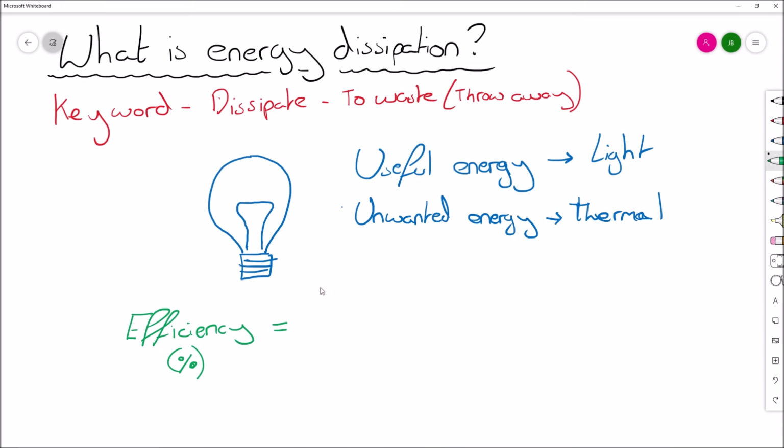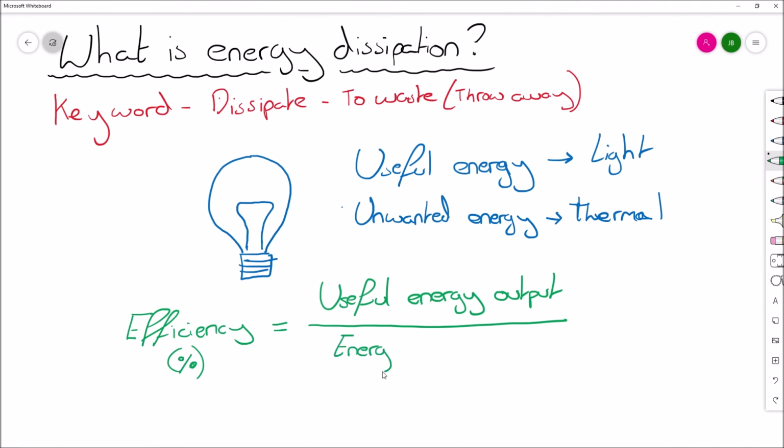Now we've got the equation. So useful energy output divided by energy input times 100. So this is the equation we're showing.